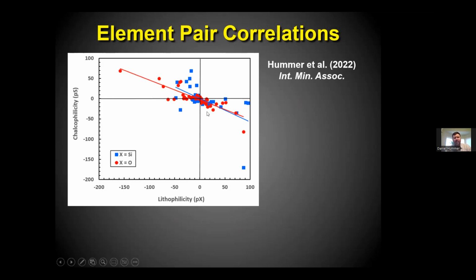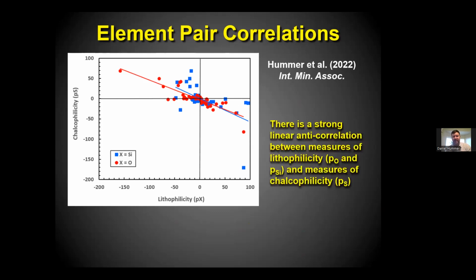I'm showing here both the red and blue data points. The red is the correlation with oxygen, the blue is the correlation with silicon. And you can probably see the correlation is somewhat better when you use oxygen. That seems to be the one to go with. So there's this strong linear anti-correlation between the measures of lithophile behavior versus the measure of chalcophile behavior.